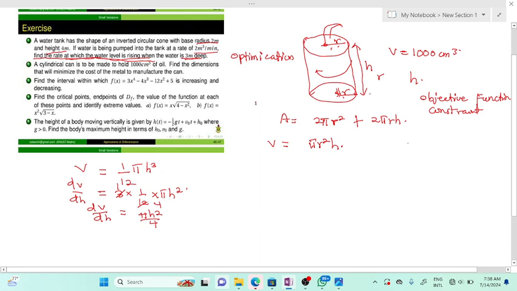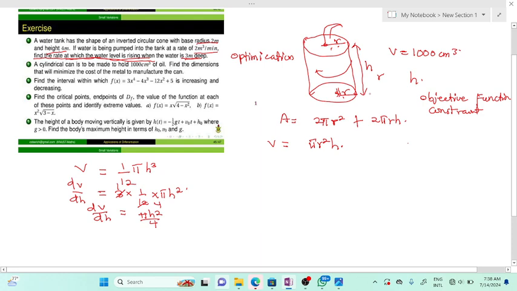So my objective function A is equal to 2 pi r squared plus 2 pi r, but the h here becomes 1000 over pi r squared. So at this point, I need to simplify.